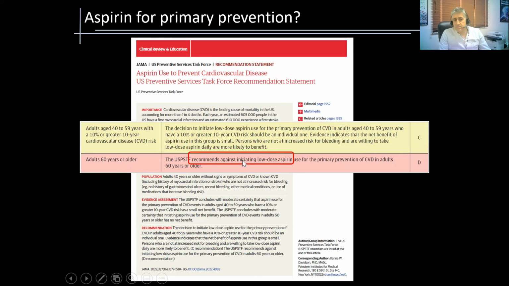So it becomes clear that for patients who are older than 60, then forget about aspirin for primary prevention. For younger patients, you may consider it, but again, it should be clear that the expected benefit is really small.